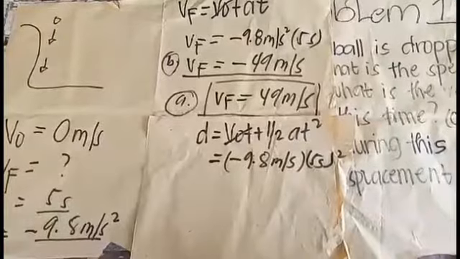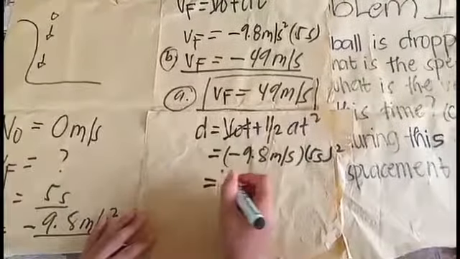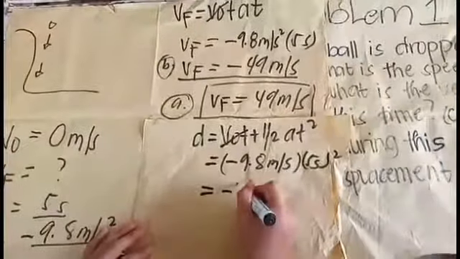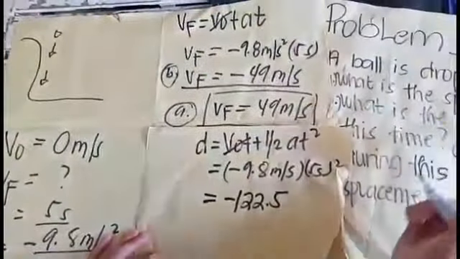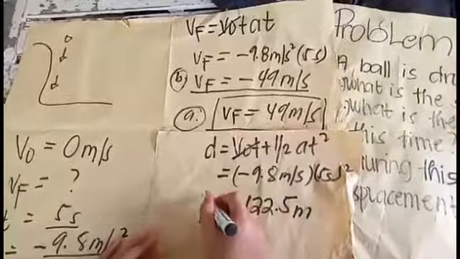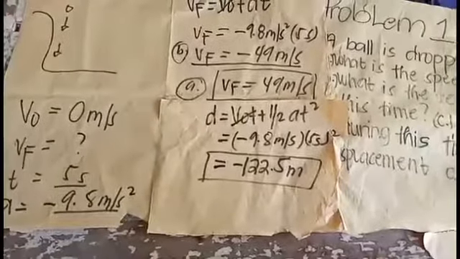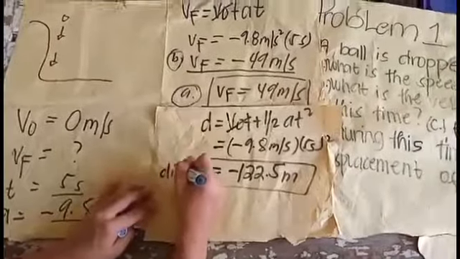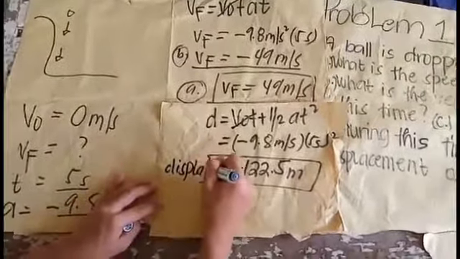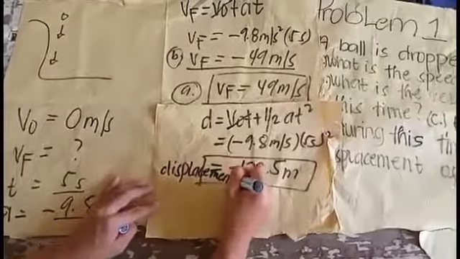Multiplying the variables gives us the answer of negative 122.5 meters. So the answer represents not the distance traveled but the displacement. And this is the answer for part D.